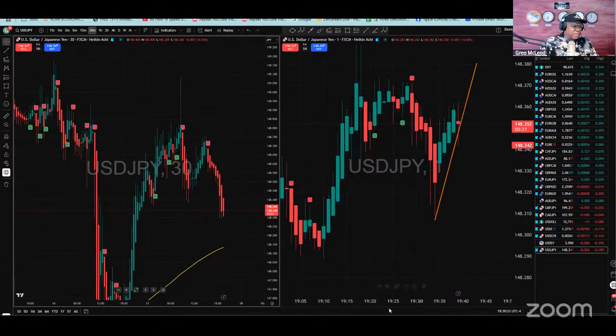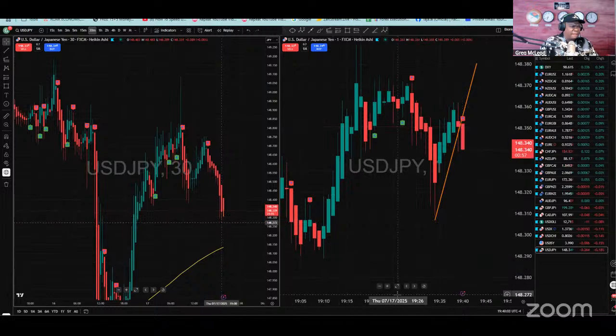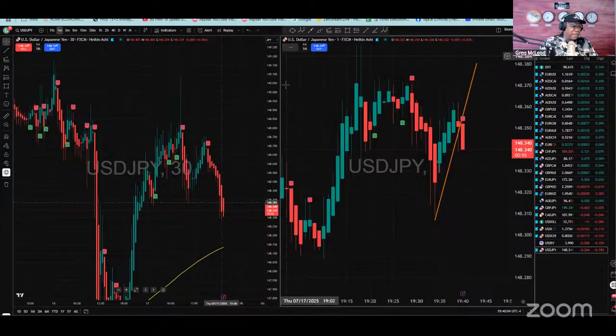Let's see if we get a signal to get short. Big red Darth Maul candle, long wick to the top side, long wick to the south side, right? No arrow. Now we got an arrow, and I'm hitting it.